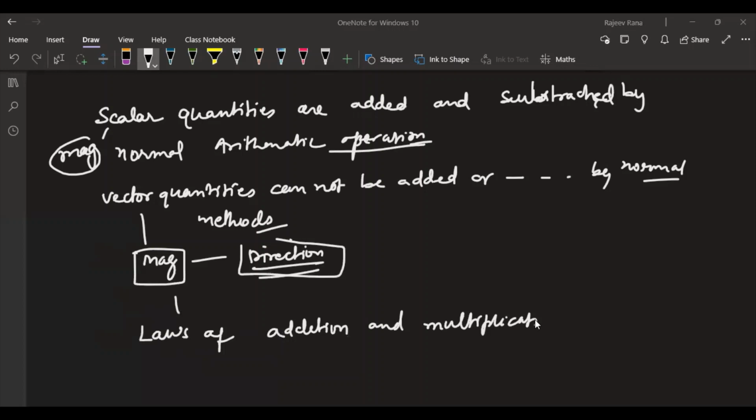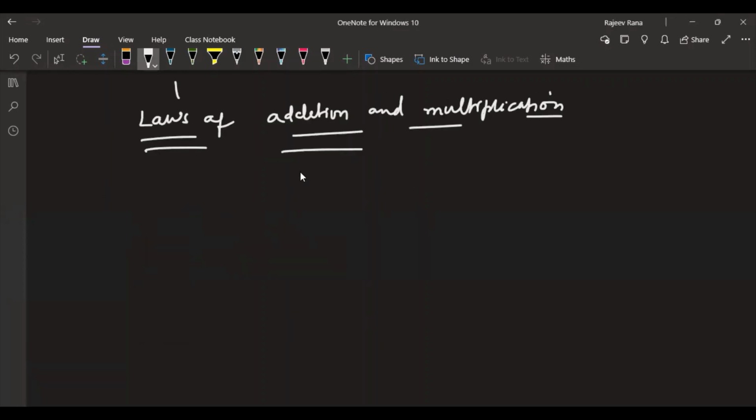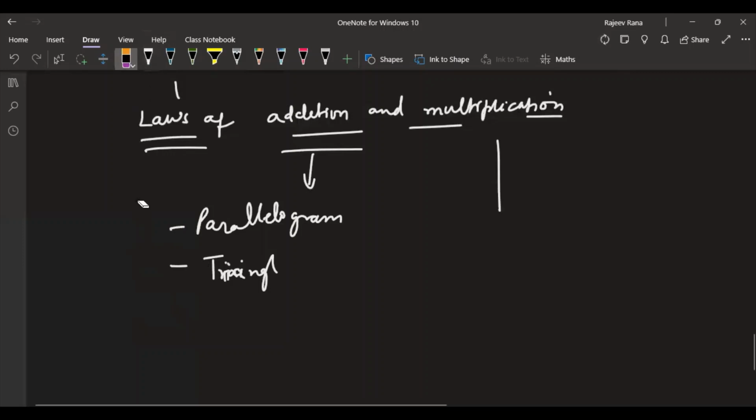In the laws of addition, we have two laws. One is the parallelogram law, and another one is the triangle law of vector addition.